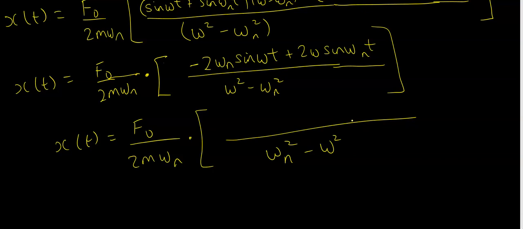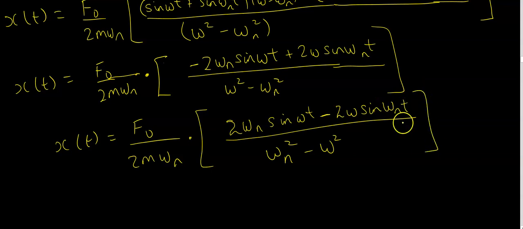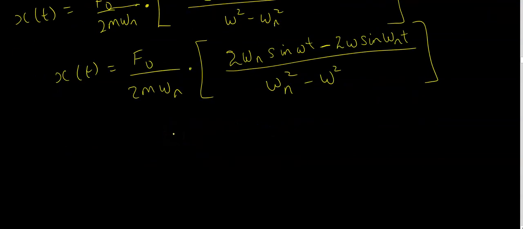So we can make the top negative as well, just to get rid of that potential negative sign on the bottom. So just some algebra, but it becomes 2 omega n sine omega t minus, changes sign now, 2 omega sine omega nt. And so you end up with this expression here.